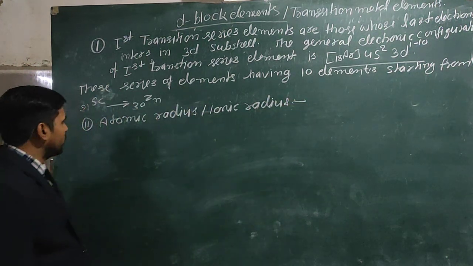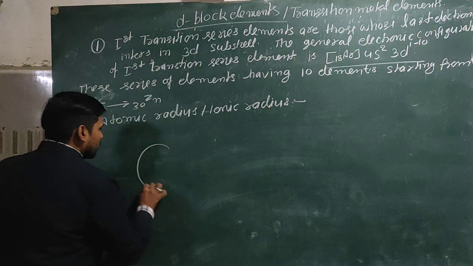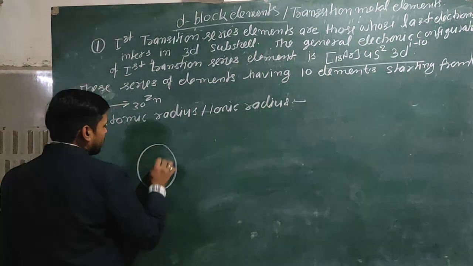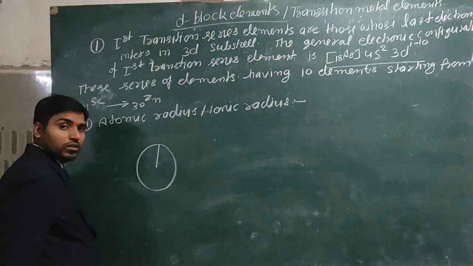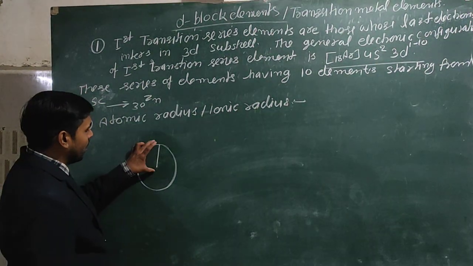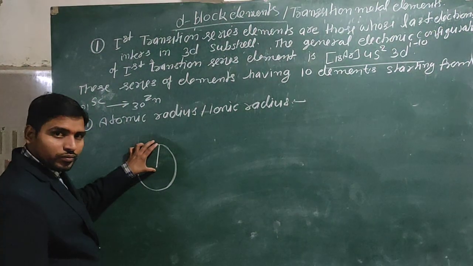You also know that the distance from the nucleus to the outermost shell is known as the atomic radius of any atom.